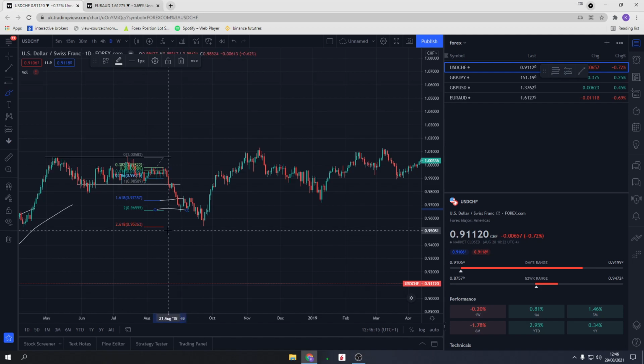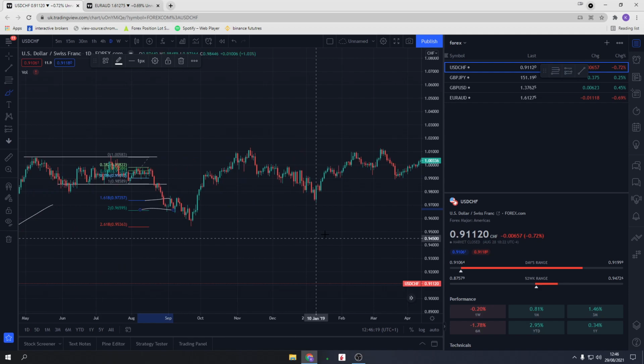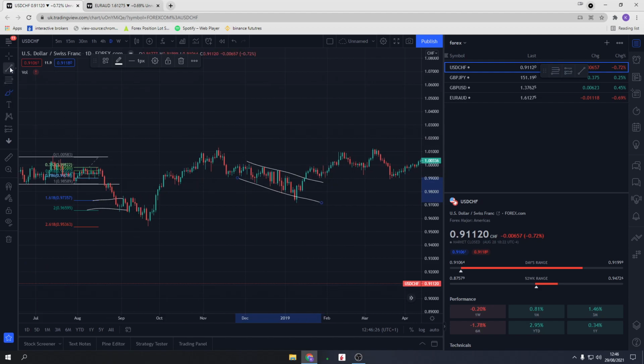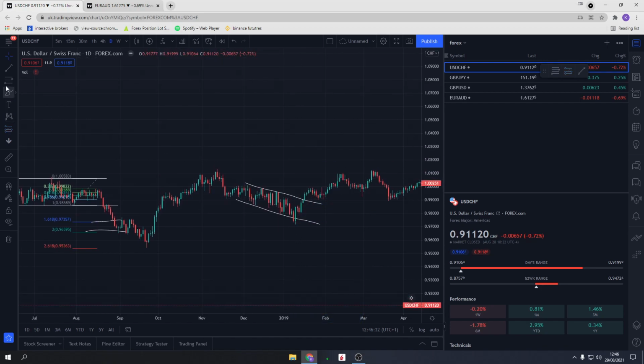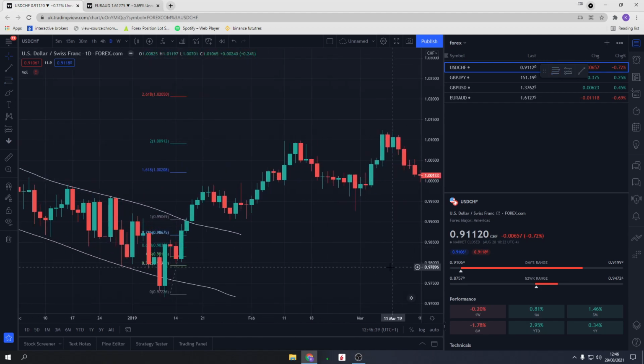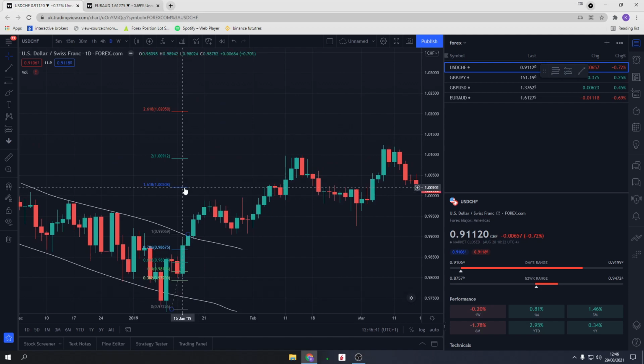And even though you did miss the lower move down, that's fine, because at that point you're already looking at other trades. For example, this channel here, you notice a break on that, so you whack your fib in. Where are you taking your profits? Right there.